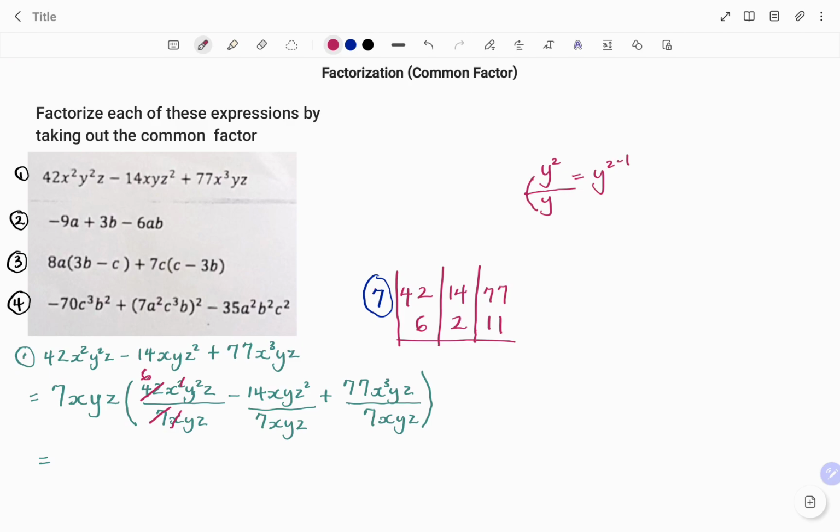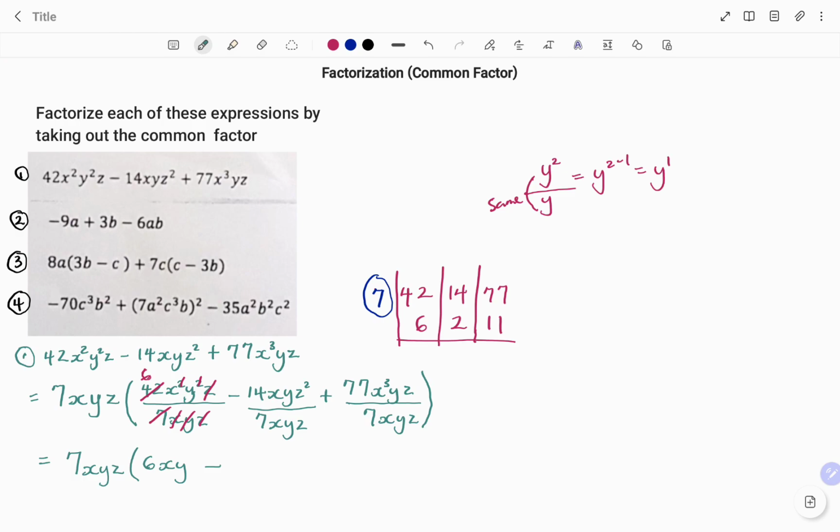So far the bases are the same. If you're dividing, you subtract the exponent. So that will leave you with y with the power of 1. So this cancels, and it cancels the power. Then z divided by z, you're left with 1. So for the first term, after dividing, we have 6xy without the z, because z divided by z is 1.